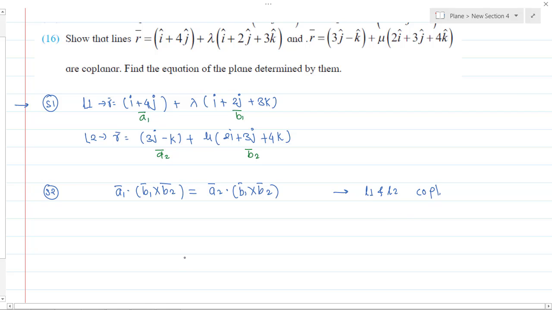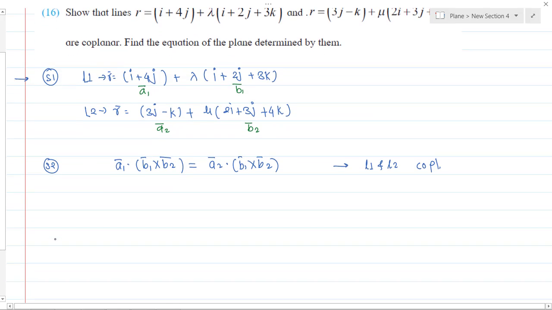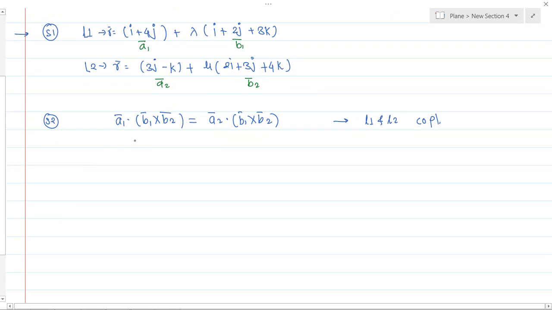Let's keep the left side as LHS and the right side as RHS, and first solve for b1 bar cross b2 bar.